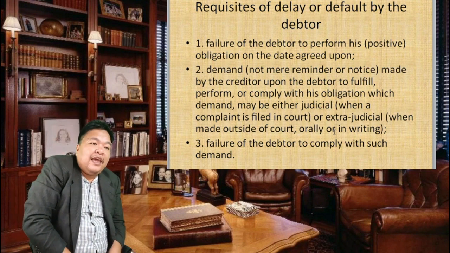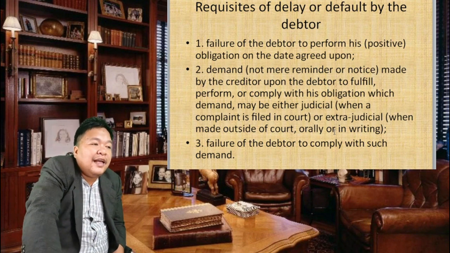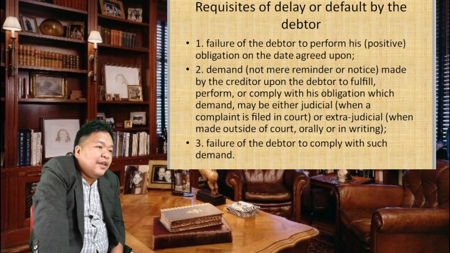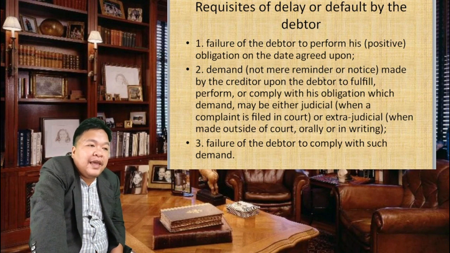Requisites of delay or default by the debtor. Okay. So, number one, it's the failure of the debtor to perform his obligation, like, on the date agreed upon. Example, guys.